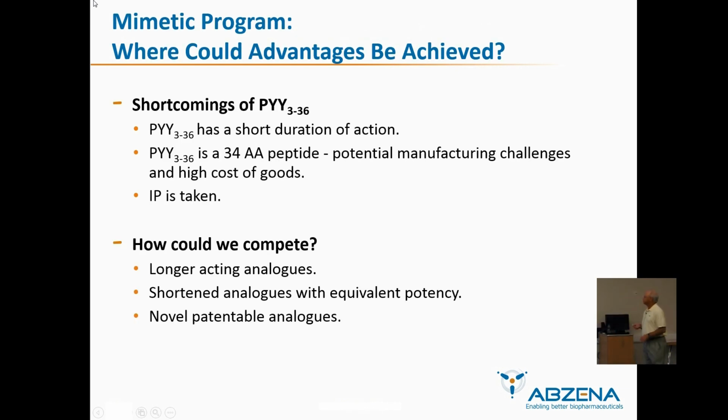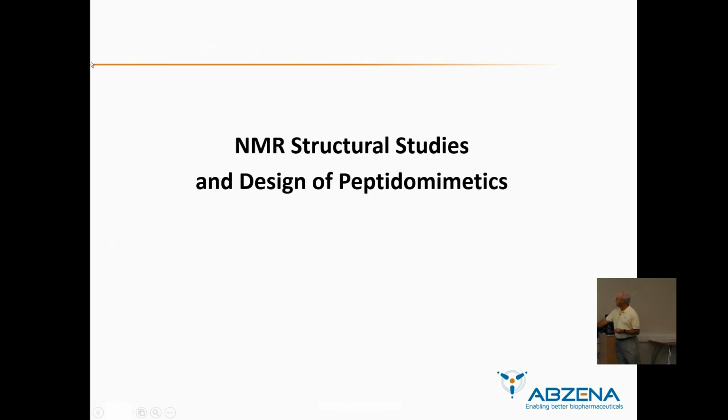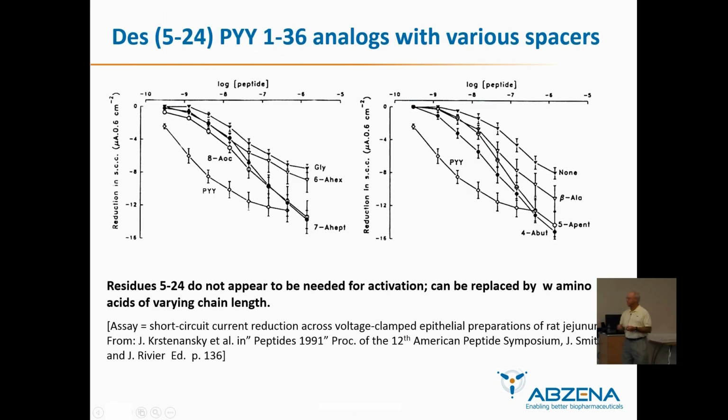So our goal was to take the PYY 3 to 36 and make a version that might be longer acting, but with equivalent potency, and something that's novel. So the natural was already sort of taken, so we needed something patentable. So we used NMR to help the design of these peptidomimetics.